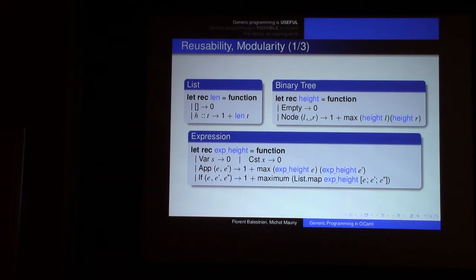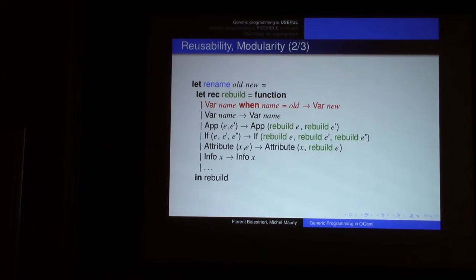Here I give 3 examples, and you can see the common pattern emerging. And with generic programming, we can capture the common structural computation and define only one height that can be applied to specific types.